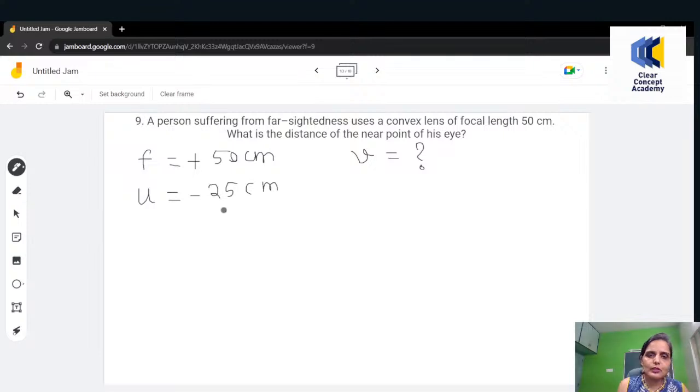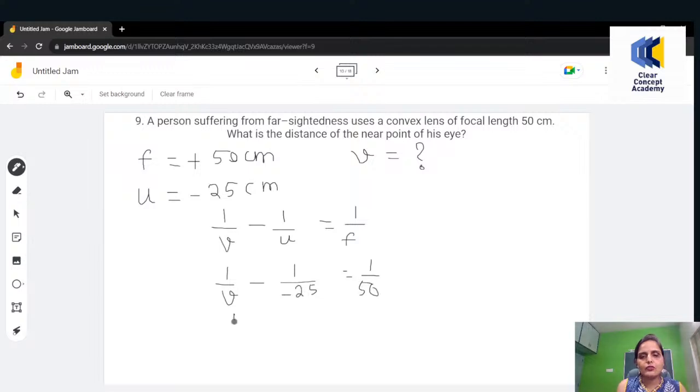We use the lens formula, 1 by V minus 1 by U is equal to 1 by F. So substitute the values. V is yet unknown. So 1 by V minus 1 by minus 25 is equal to 1 by 50. So minus minus becomes plus. 1 by V plus 1 by 25 is equal to 1 by 50.